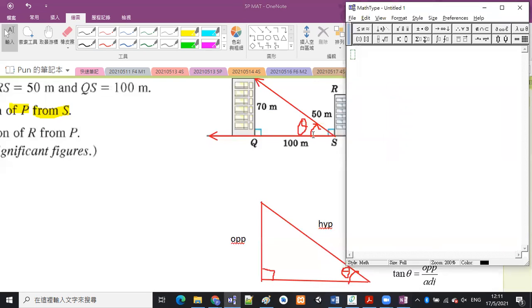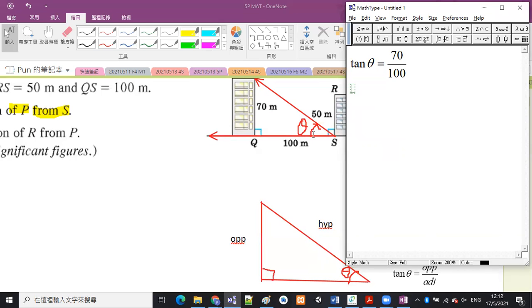In this case, tangent theta is equal to the opposite side, 70, over the adjacent side, 100. If you want to find theta from this equation, we need to use the calculator, shift tangent, 70 over 100. Enter.